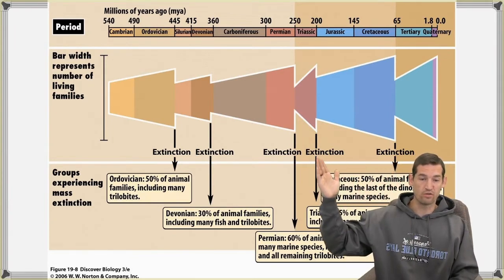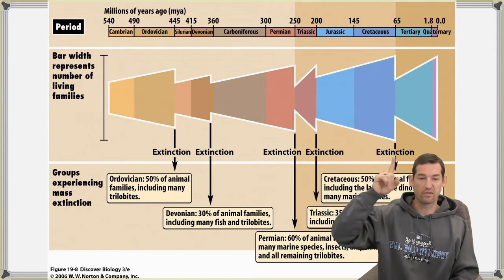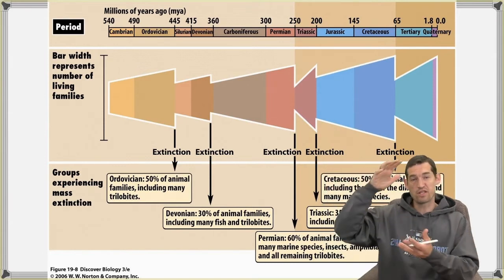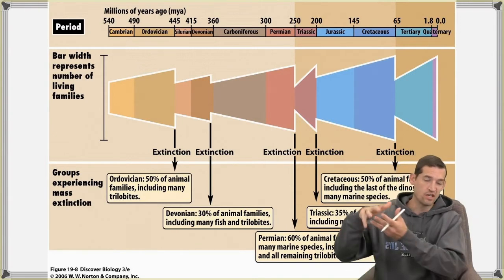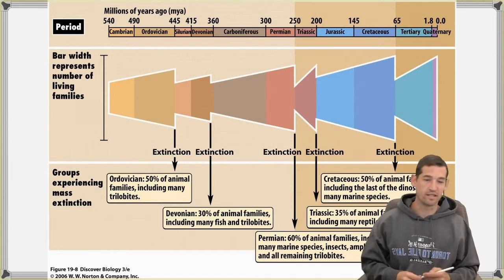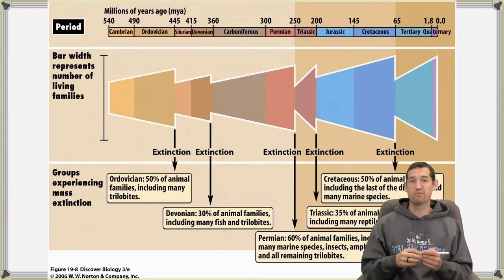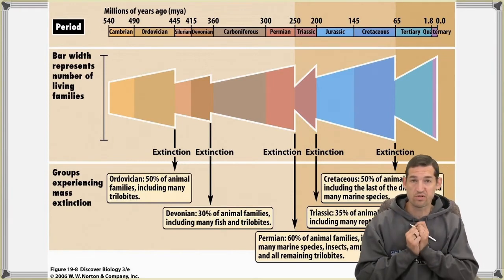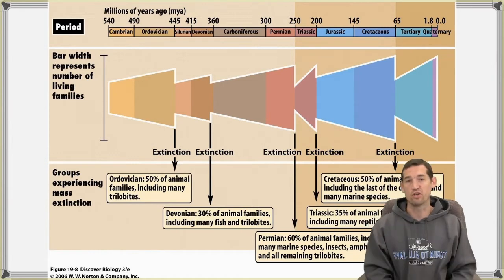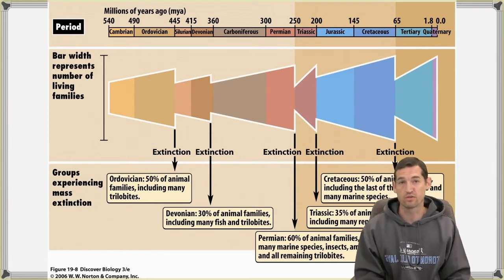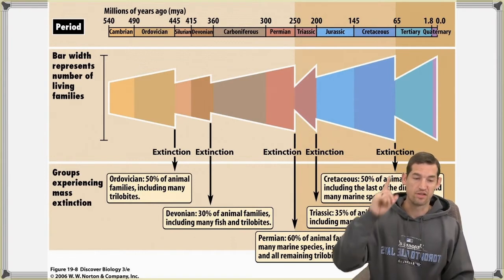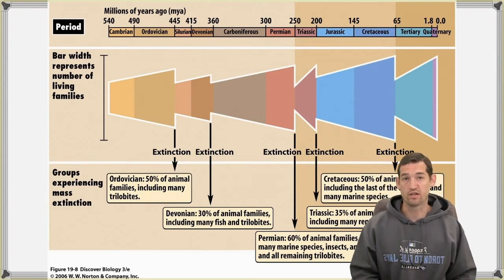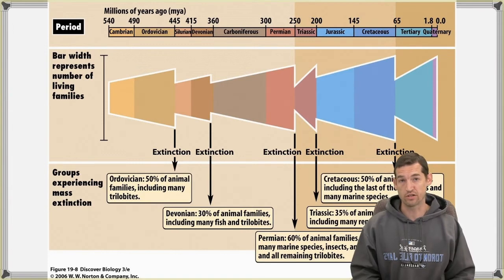So from 200 million years ago to 65 million years ago, the number of species of dinosaurs and other insects and plants and things was widening and widening and widening. And then something happened 65 million years ago where 50% of all of those species are just gone, including all of the dinosaurs. Now, we have some pretty good evidence that tells us that the thing that caused this one was an asteroid hitting the Earth.